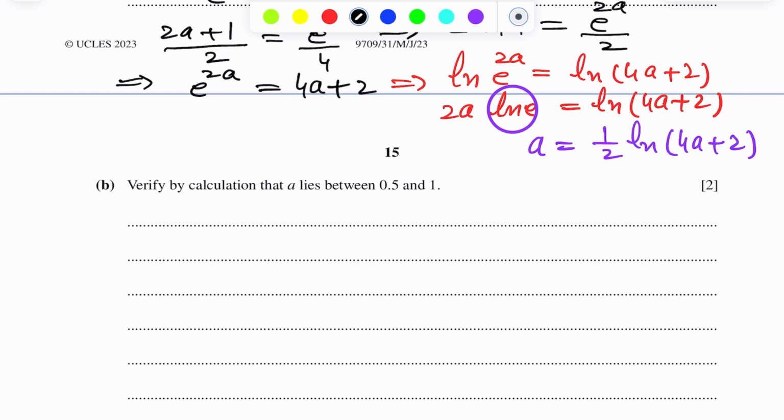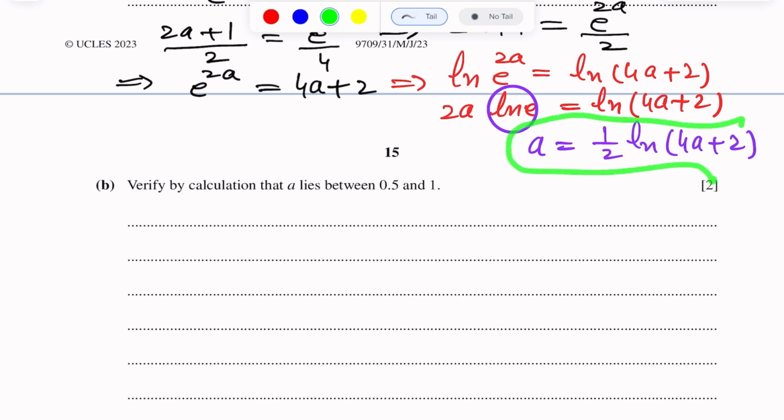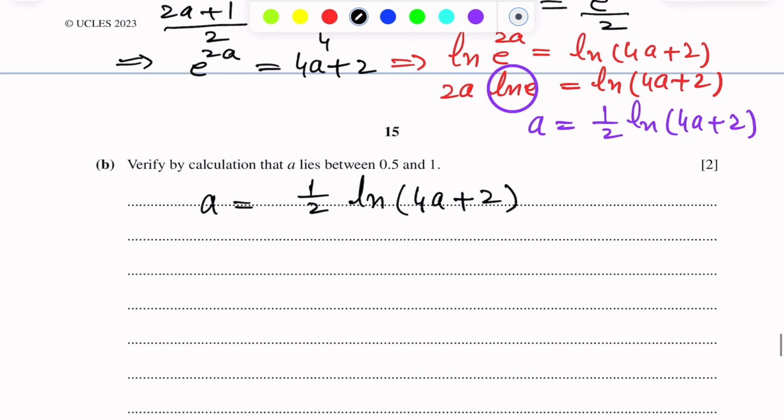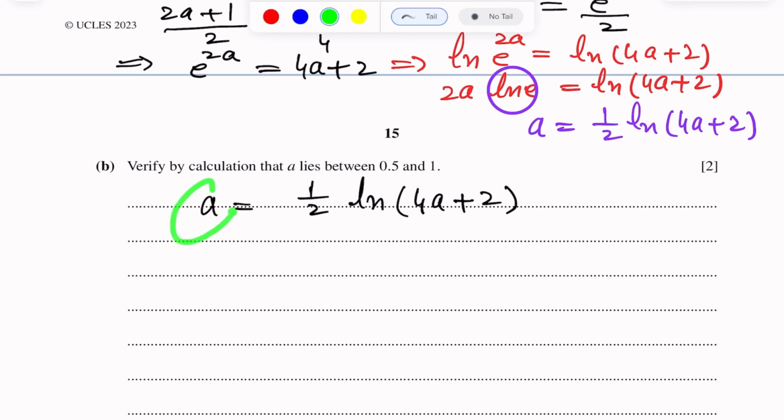So first, we have shown this relation: a is equal to 1 over 2 log 4a plus 2. Now, these are two separate functions, a and 1 over 2 log 4a plus 2. We are merging these two functions.